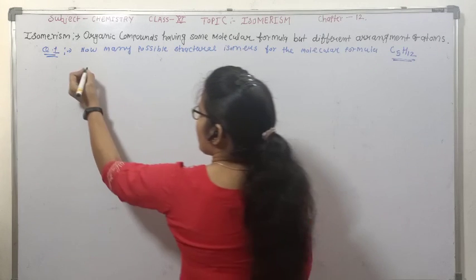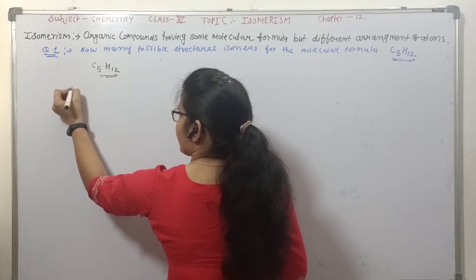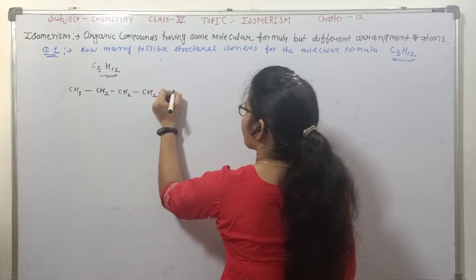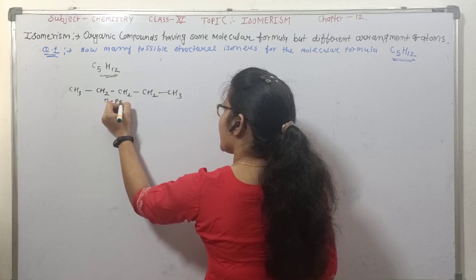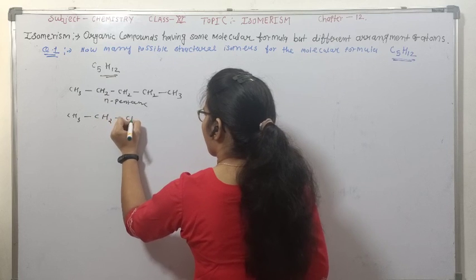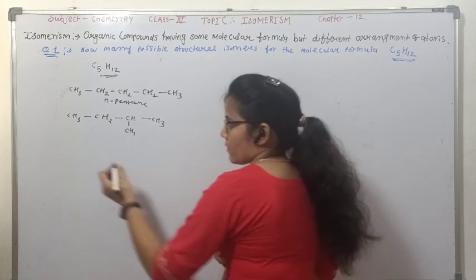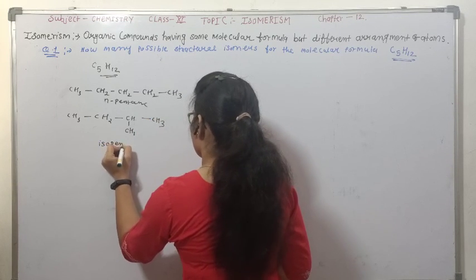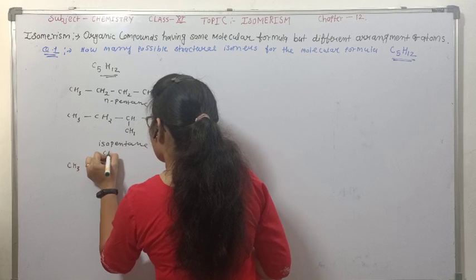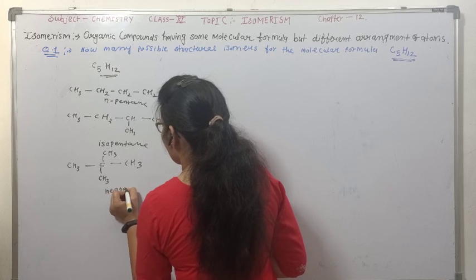So let's do C5H12. One is CH3, first simple n-pentane, second isopentane, and neopentane.